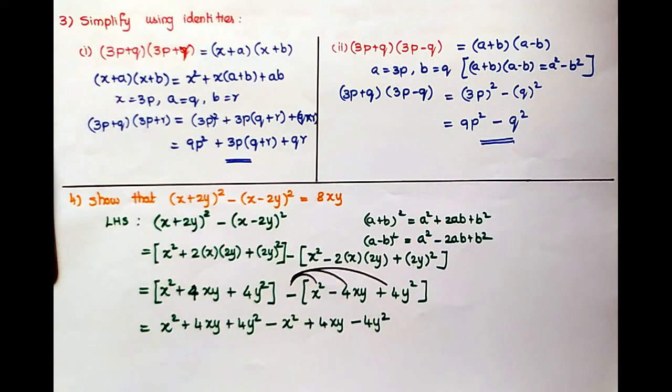Now cancel: x² and minus x² get cancelled, and plus 4y² and minus 4y² get cancelled. What's the remaining value? Plus 4xy plus 4xy. Add, we get 8xy. So that is the RHS. Now LHS equals RHS, hence proved.